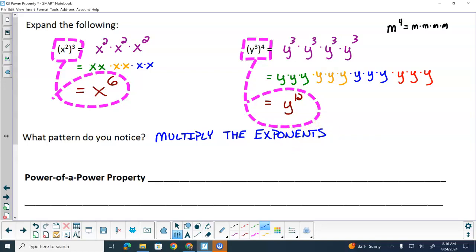Okay. And this is the power of a power property. So when you have a base with an exponent to another exponent, it's got to have two layers of exponents.